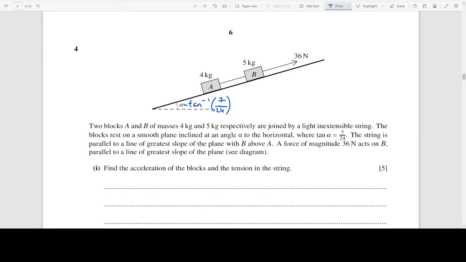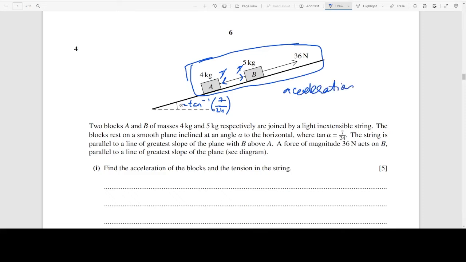With respect to the whole system, there's tension force in this rope, T and T, which effectively get cancelled because we are considering the whole system here just to find the acceleration. Both of these T are in opposite directions, so they get cancelled.